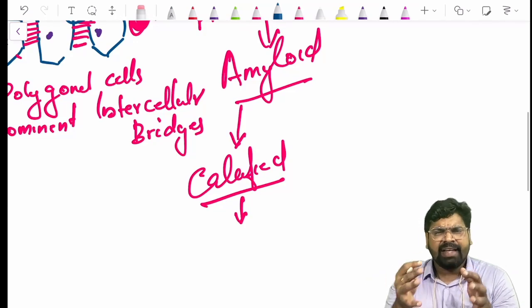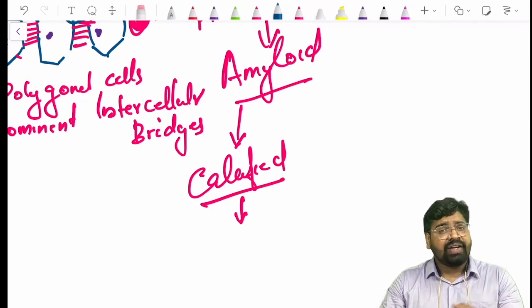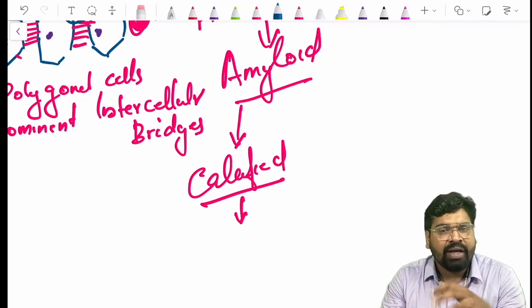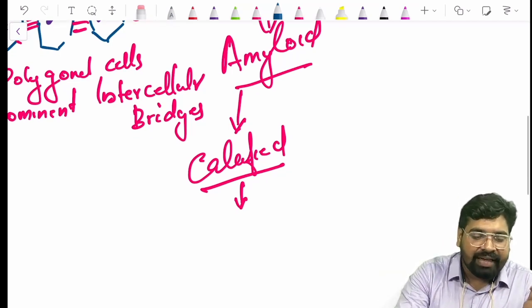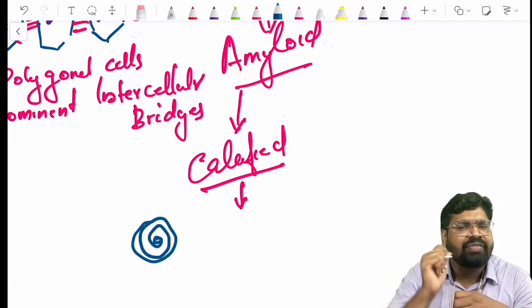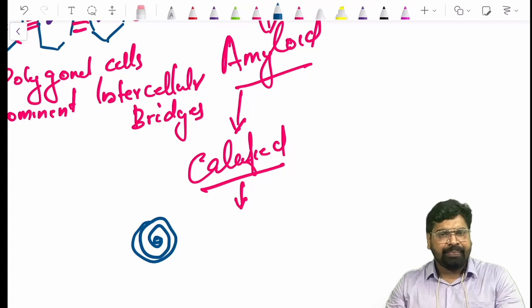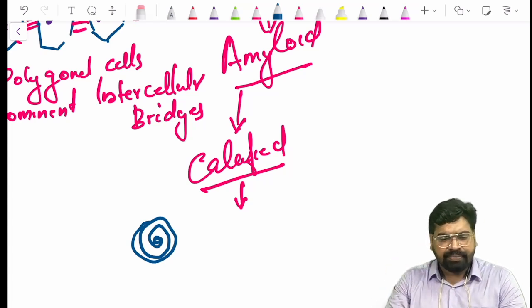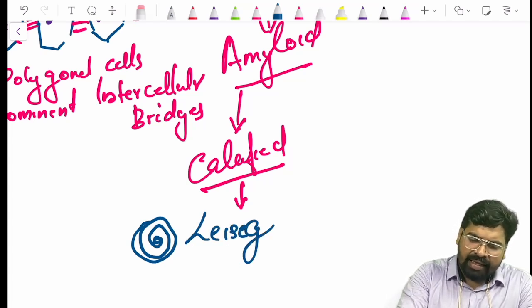Calcified material in the H&E, hematoxylin and eosin stain, turns bluish because it takes more of the hematoxylin. These calcified materials look like ring-like calcification, or lamellated calcification. Lamellated means ring-like, like lamellae. So these are called Liesegang rings.